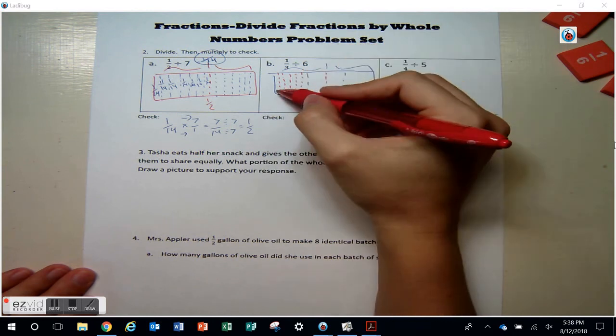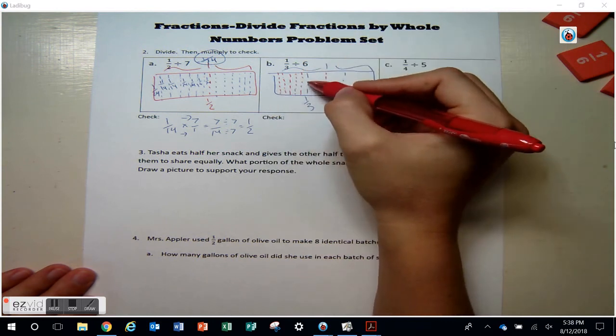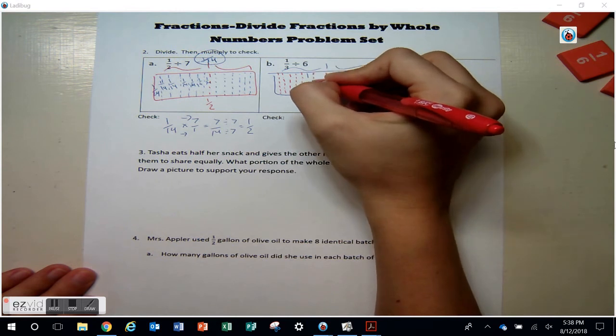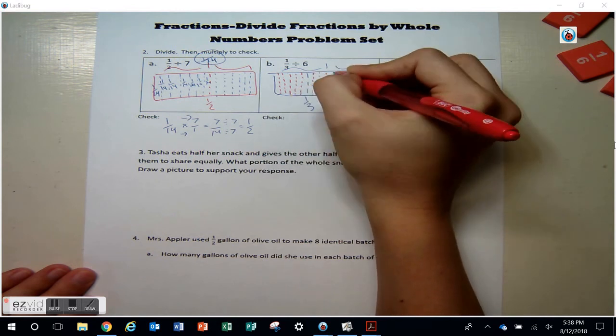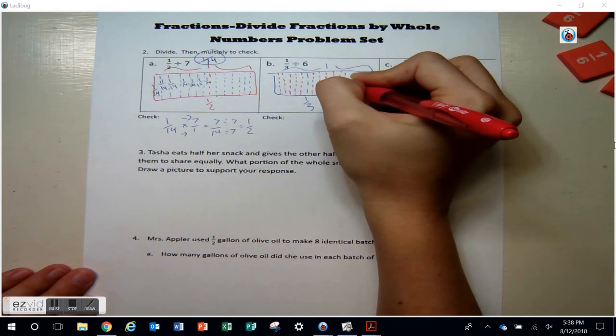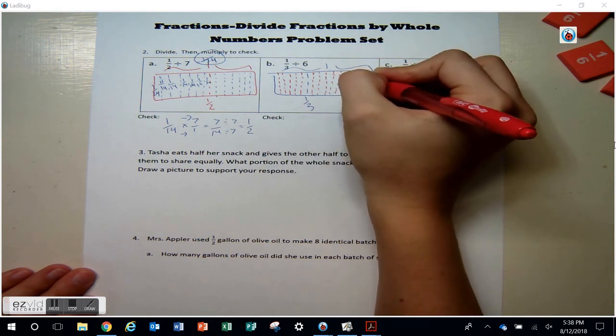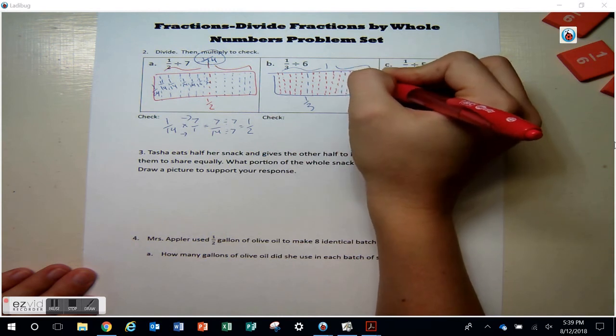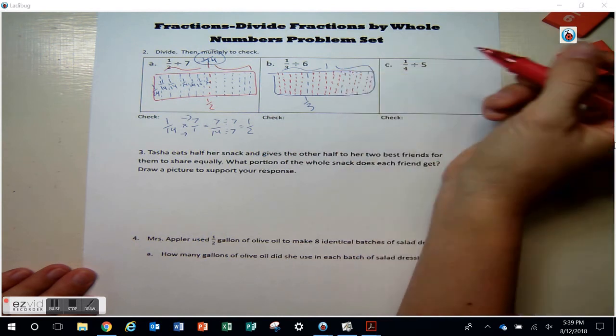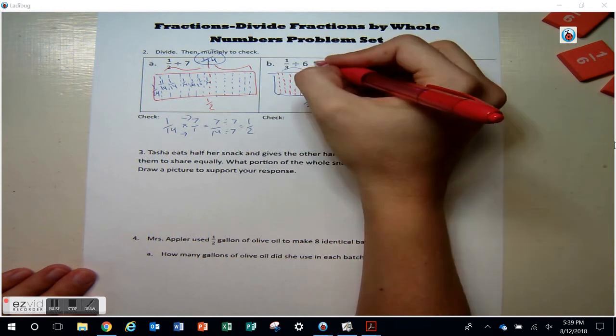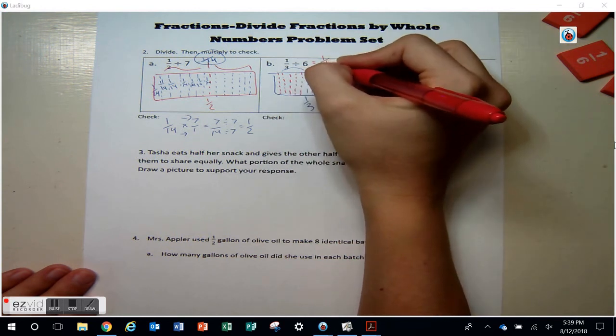I have my 6, but I need to know how much is in each one, so I relate to the whole. And I should have 18, so each group gets 1/18.